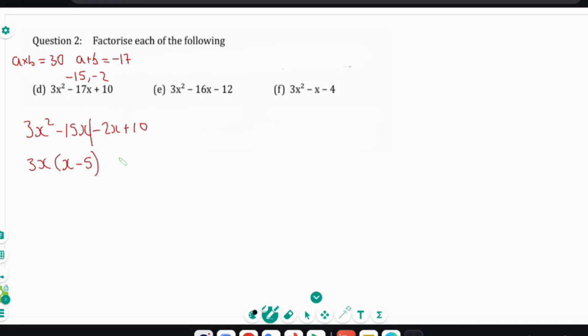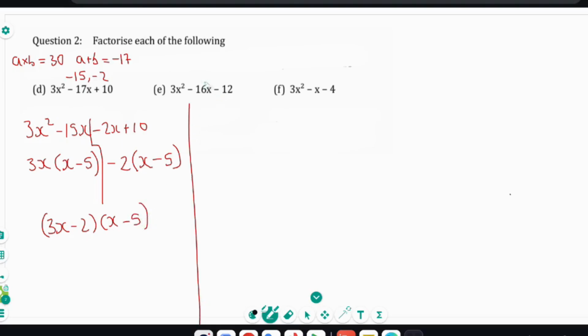And then the highest common factor of 2 and 10 is 2. So no, it's going to be a negative 5 there. But yeah, that works. I can put a negative there. Yes, all good. So 3x minus 2, x minus 5.